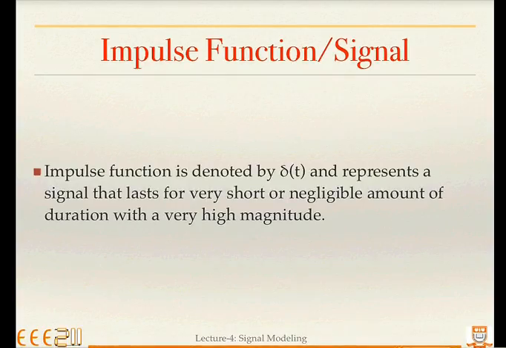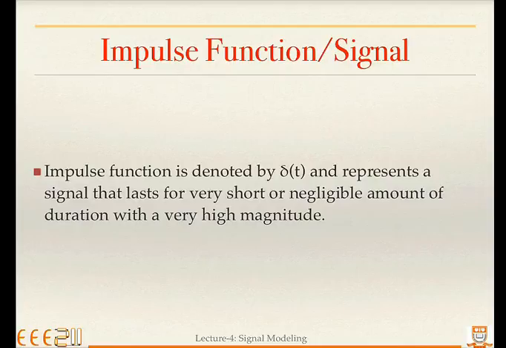So next is a very important signal, which is an impulse signal, and this plays a very important role in our course, signals and linear systems. As we have said earlier, this delta t function is an impulse signal. And why do we call it an impulse signal?